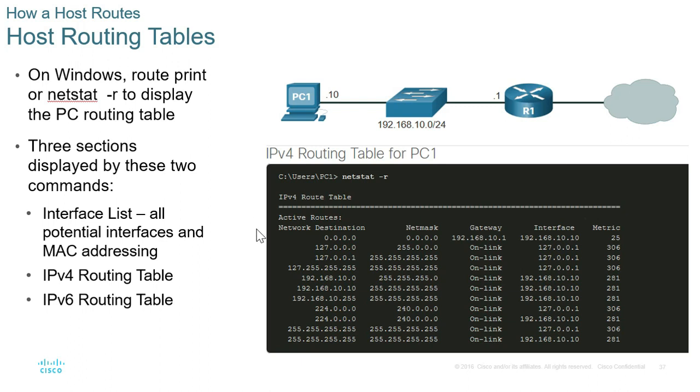Alright, so we have some relevant IPs. For example here 127. So ini kita panggil loop back lah. Okay, so untuk kita hantar kepada diri sendiri. Then kita ada destination network kosong. So ini maksudnya destination of last resort.